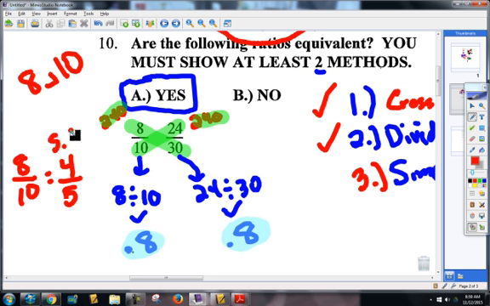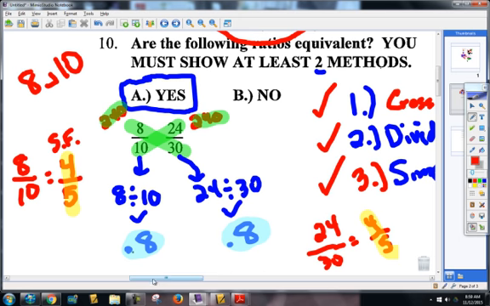And I'll put SF here to show simplified fraction or simplified ratio. Over here, 24 ABC 30 is going to give me 4 to 5. So I'm looking at it going, they have the same simplified ratio, and there's check number 3.